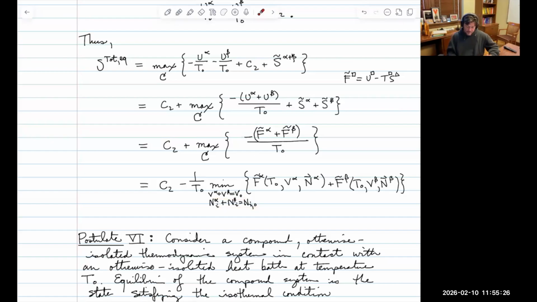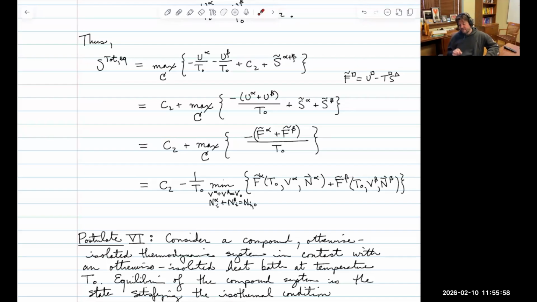So what have I done in this situation? What I've done is I've essentially shown that finding the equilibrium of a material that's in contact with a large bath is essentially the same as minimizing the sum of the free energy functionals of the subsystems, alpha and beta, with these two constraints, the volume constraint and the number of moles constraint, where temperature is entirely fixed.